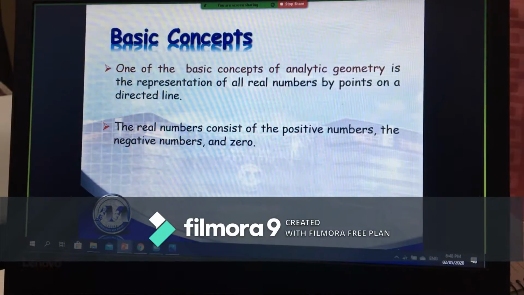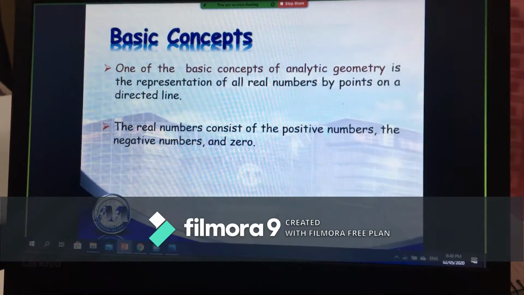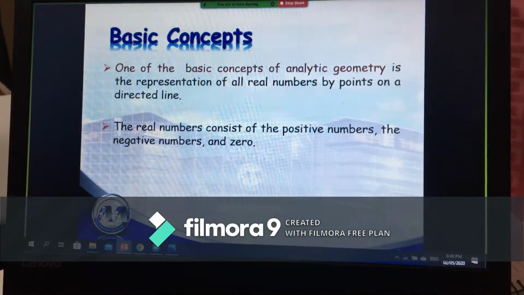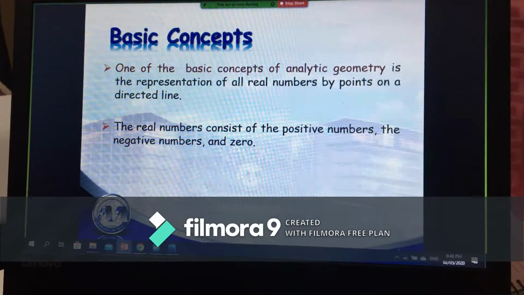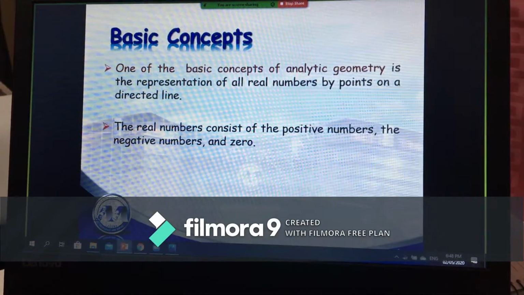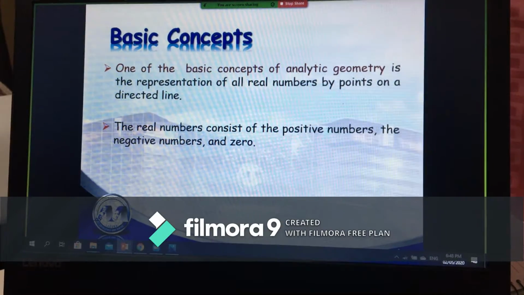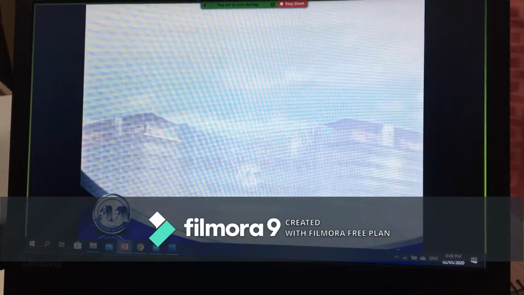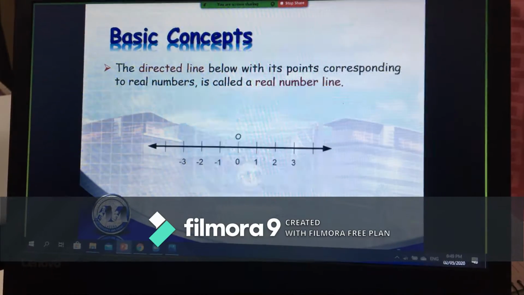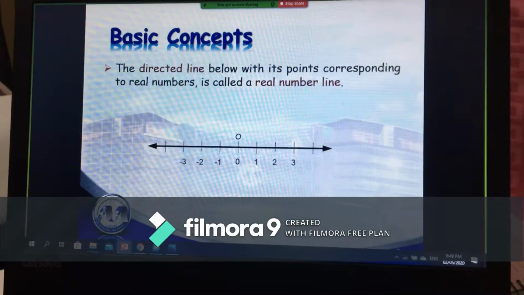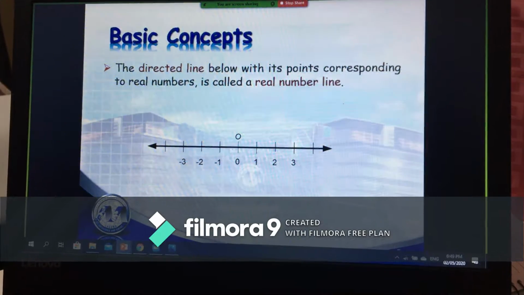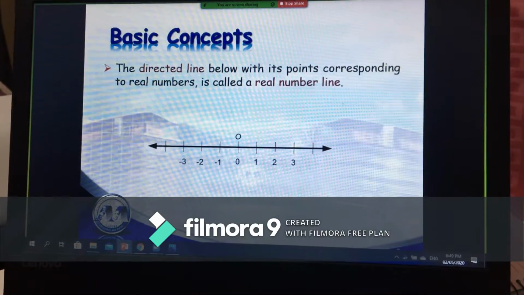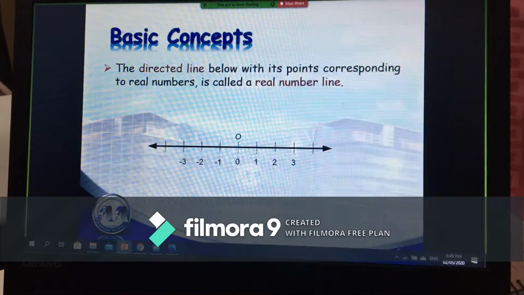Alright? So the real numbers consist of positive numbers, the negative numbers, and zero. So remember this. This is a very important concept. Real numbers consist of positive numbers, negative numbers, and zero. And that can be represented in a directed line. Directed line below, like for example this one, we have a zero, or we mark it as 0, to stand as origin.